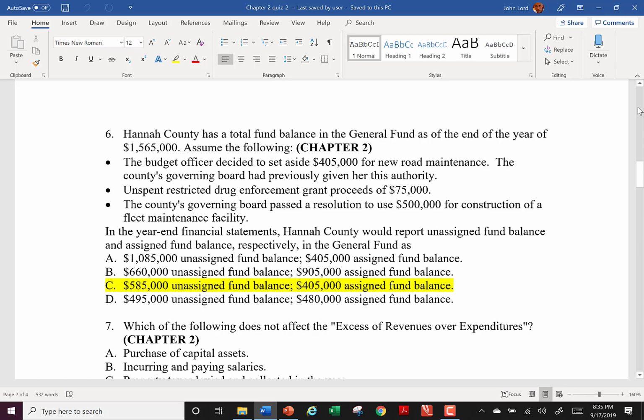Then we had committed. That meant that the highest decision-making authority in that government had passed a formal resolution. They voted as to how that money was going to be spent, right? Then we had assigned, and assigned means that the city managers had decided how to use that money.